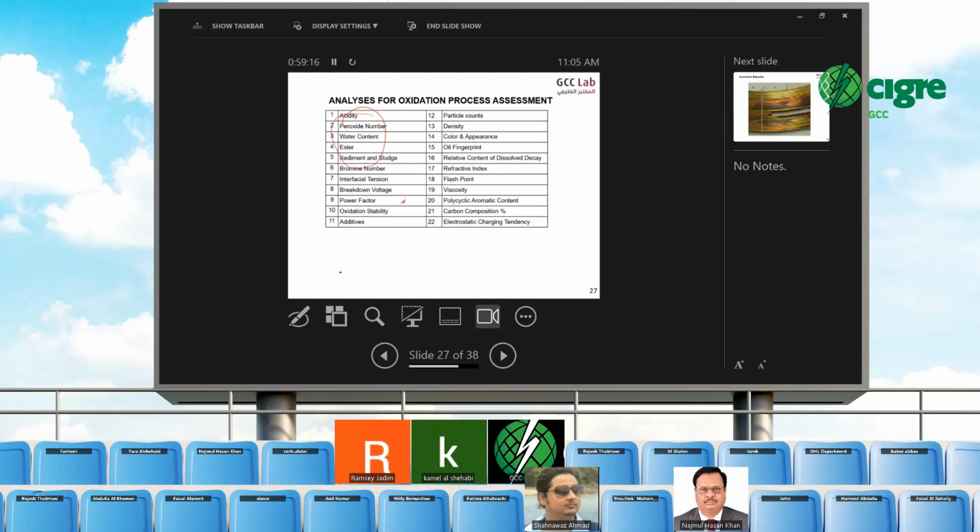Silica ion is very important to check, because if you have silica ion and you have oxygen, it will be silica oxide. And silica oxide is the component called sand.